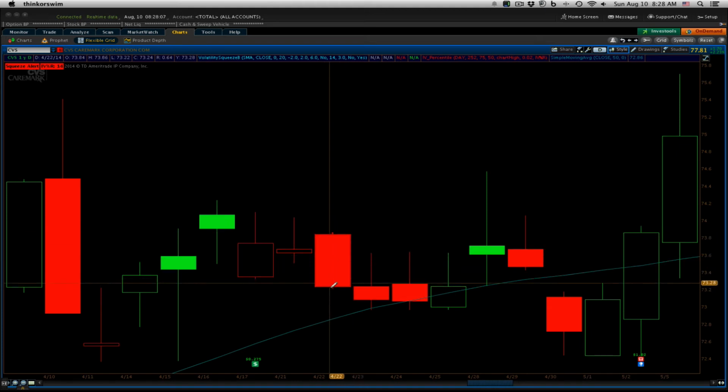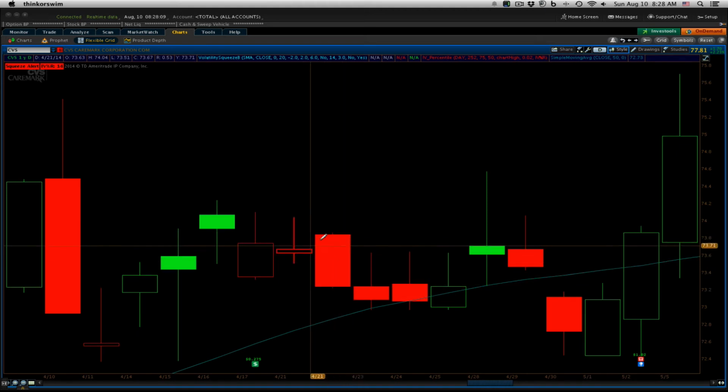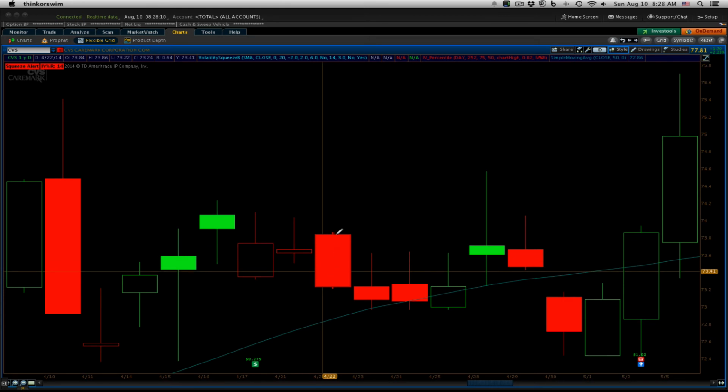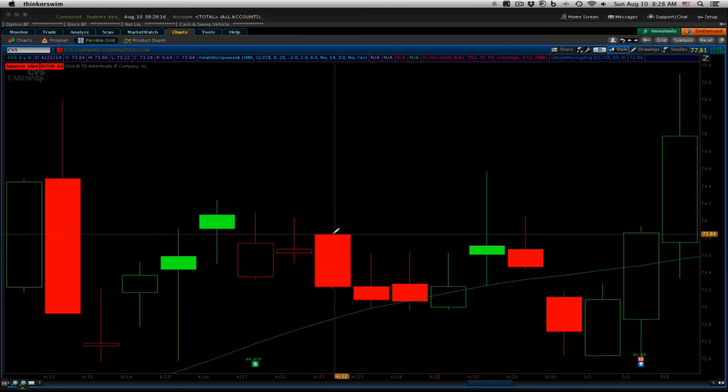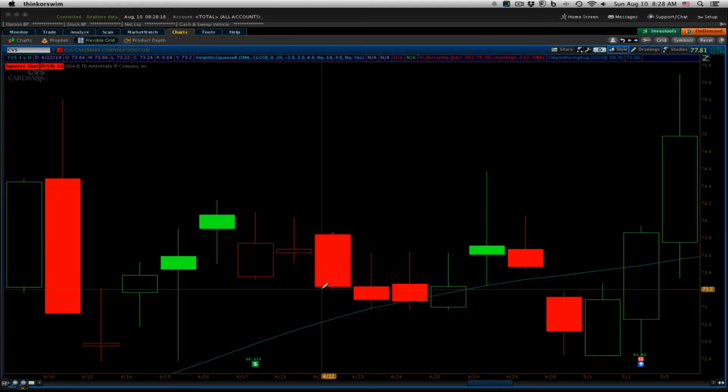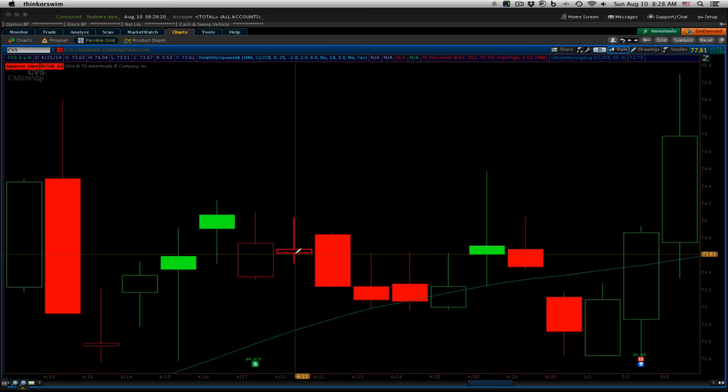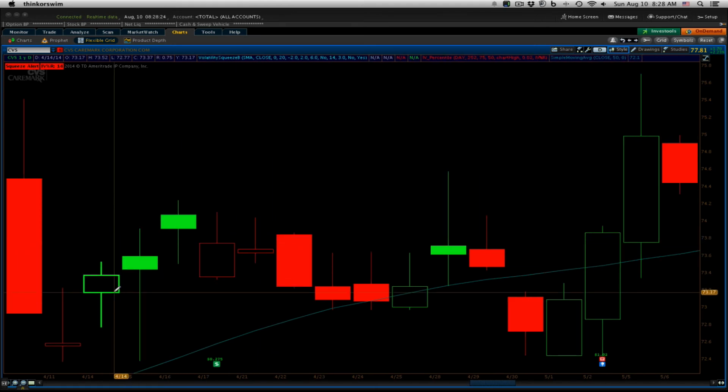Therefore, it's a red closed box because the open is greater than the close, and the closing price is less than yesterday's closing price. So you really have to look at it two different ways. There are open candles and closed candles. Open candles, no matter what, the price close is always greater than the open. Price moved up throughout the day.